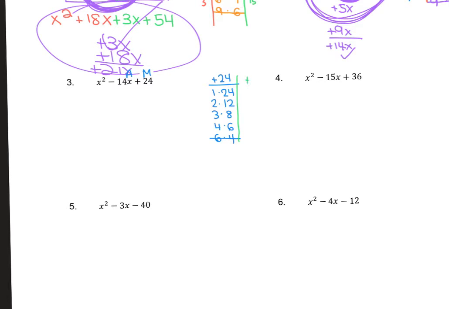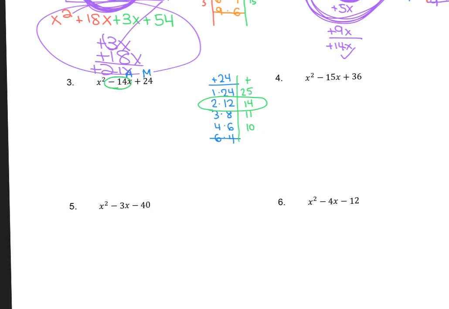All right, I'm adding over here. 25, 14, 11, 10. Well, there's the one I want, 14. But look, here it's a negative 14. How do I get a negative 14?